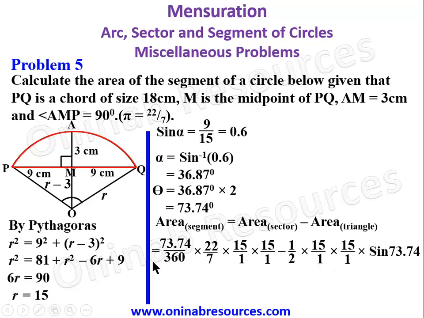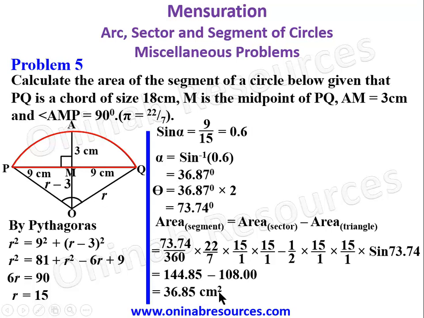From our calculator, 73.74 over 360 times 22 over 7 times 15 times 15 gives 144.85. The triangle part gives 108.00, and subtracting we have 36.85 squared centimeters.